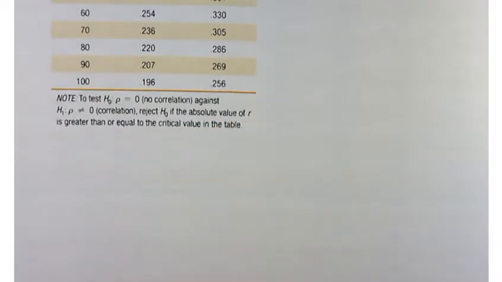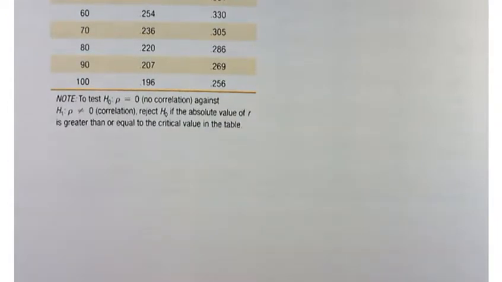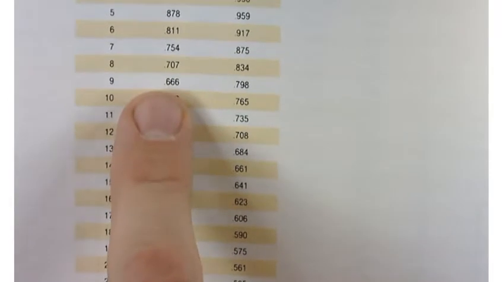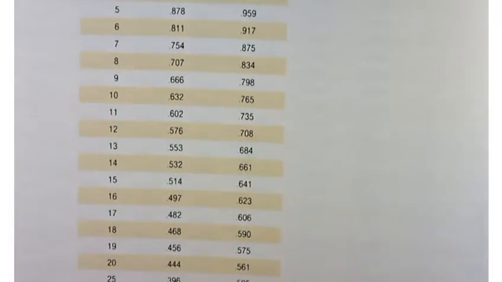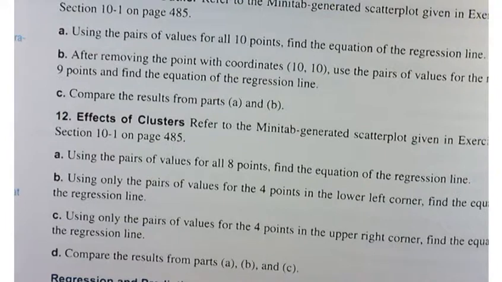That's why, and I'm not going to show you all the math, there was the plus or minus. You're going to take the absolute value of R and compare it to the value that you get from this table. Now, how many observations do we have for our current data set? Let me look back here. How many pairs? 1, 2, 3, 4, 5, 6, 7.